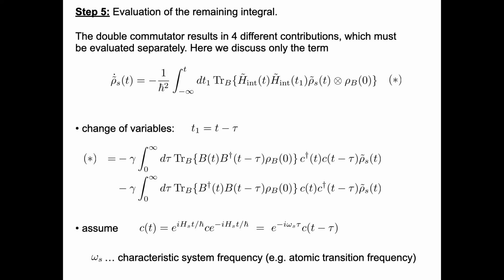So I must be careful when evaluating these integrals. This is evolution in the interaction picture. It is very slow: in the evolution of this operator I could also have the system Hamiltonian, with a Rabi frequency included, but that is about 1 megahertz, so I can forget about it on these time scales.